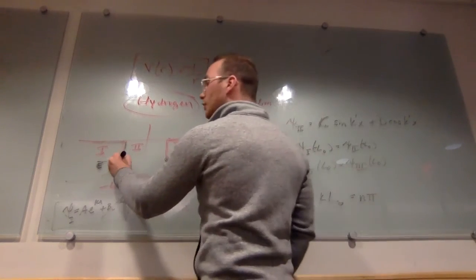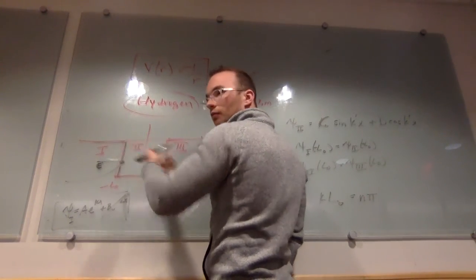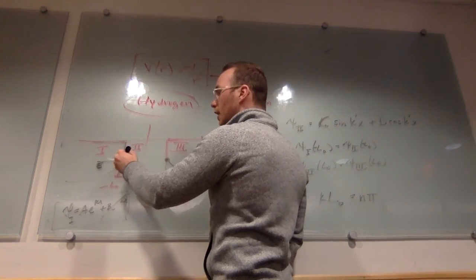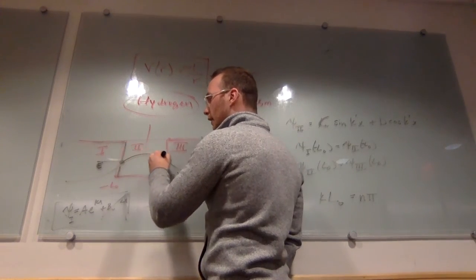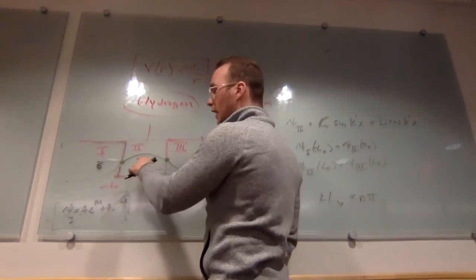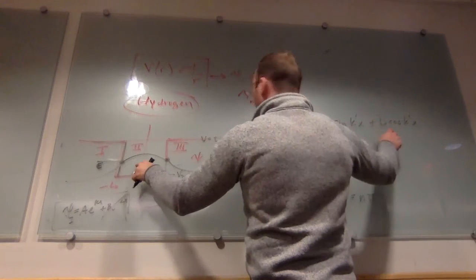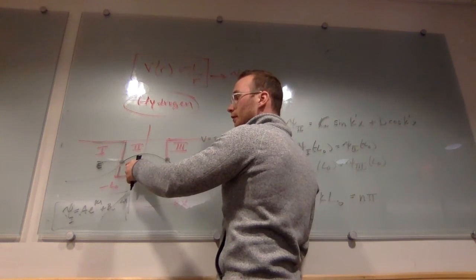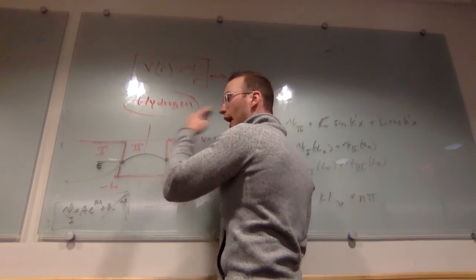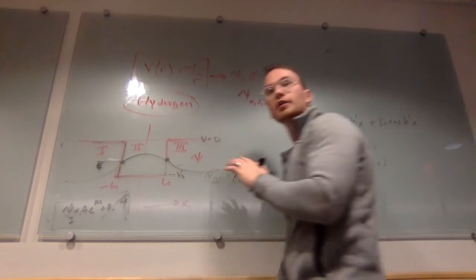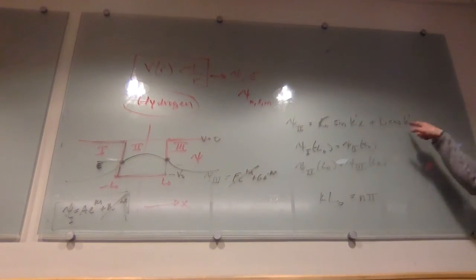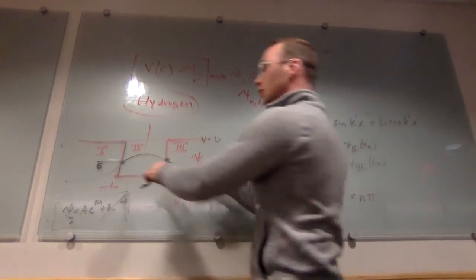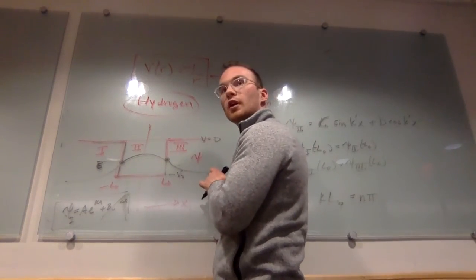And I'll visually draw it because this is the important part. The lowest one is going to be like this, because the lowest one has to look like sine and cosine somehow, but it also has to have the lowest values of the n's, an n here and an n here. So this is going to be the lowest wave function here.